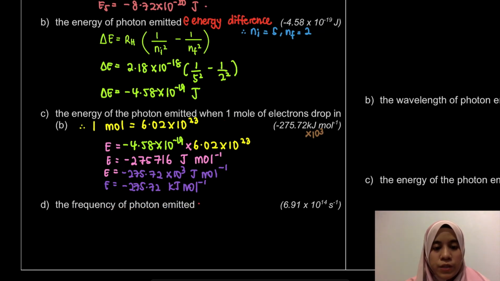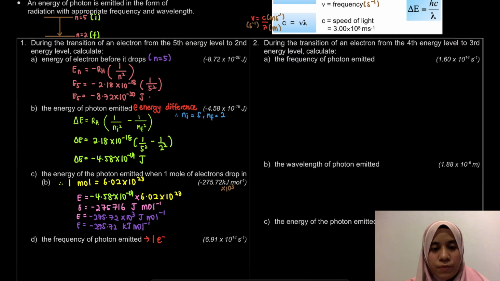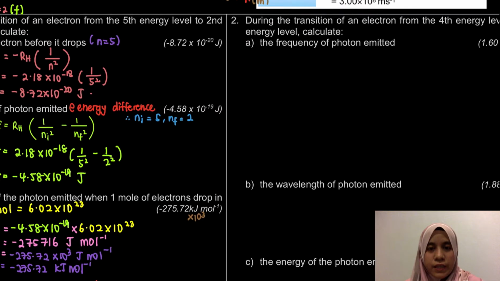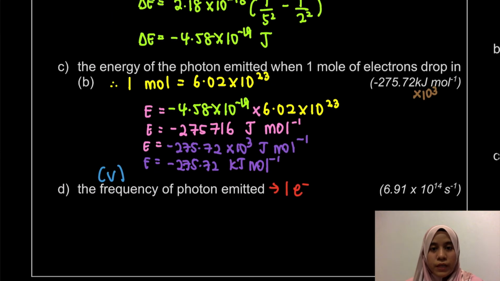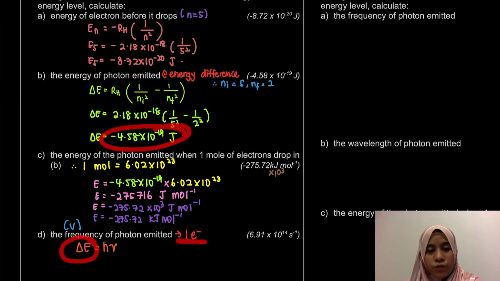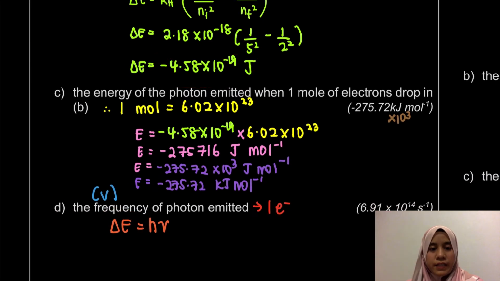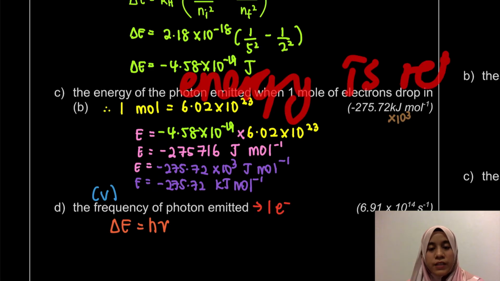Now the frequency of photon emitted is based on the case of 1 electron. The frequency symbol is v. From the formula itself, we know that delta E is equal to hv. We use delta E for the 1 electron case, which is 4.58 exponent negative 19. The negative means energy is released.